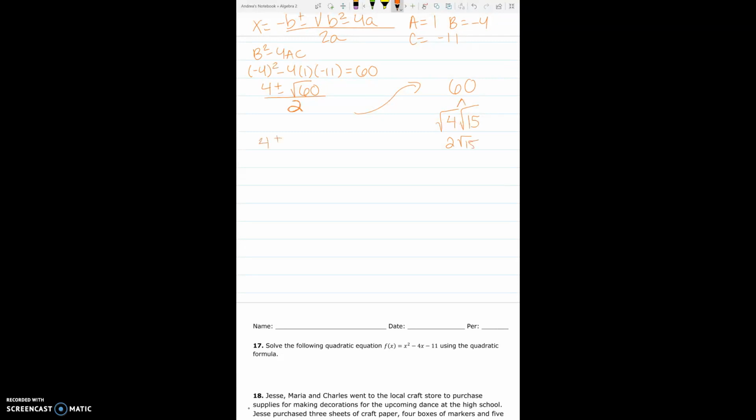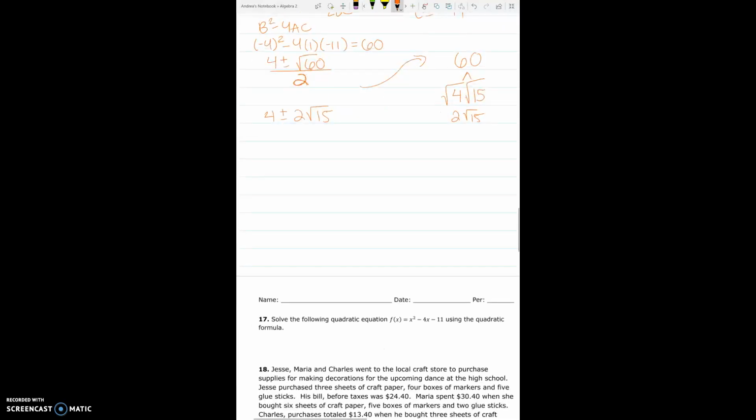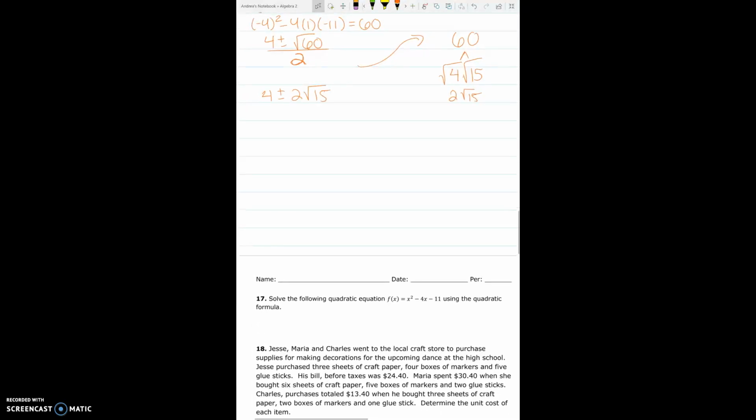So 4 plus or minus 2 square root of 15, and all of that is over 2. And remember, we can simplify this if all 3 of the terms outside of the radical can be reduced. So I can reduce here, here, and here. So my final answer will be 2 plus or minus the square root of 15. That's for number 17.